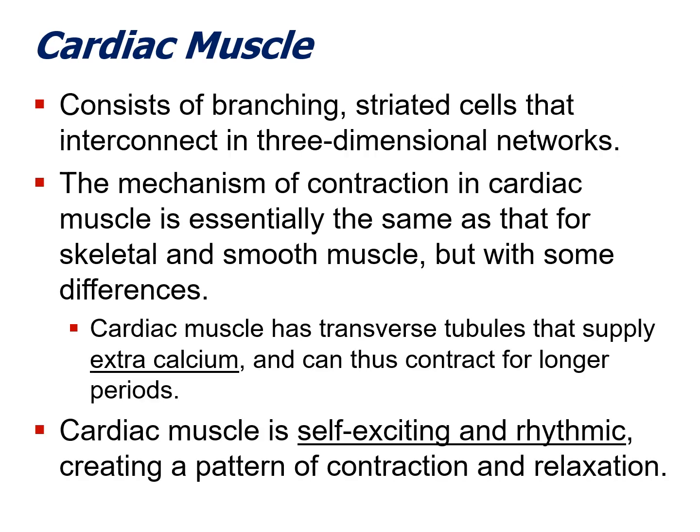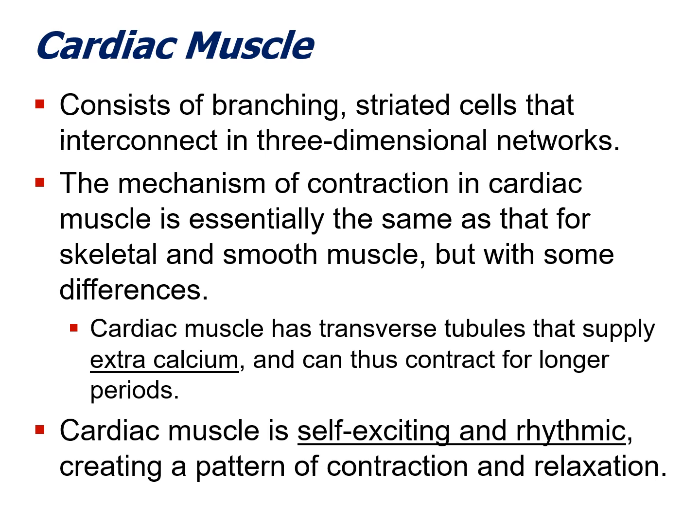Now, cardiac muscle is pretty similar to skeletal muscle, except that it branches, but it's striated like skeletal muscle. Those branches allow for three-dimensional networks. The mechanism of contraction is almost exactly the same as skeletal and smooth, with the actin and myosin.